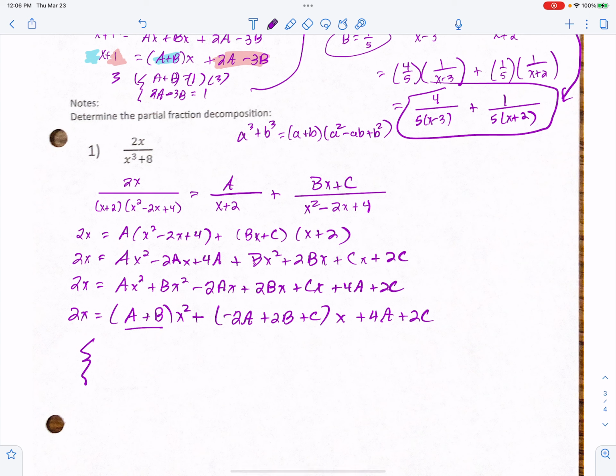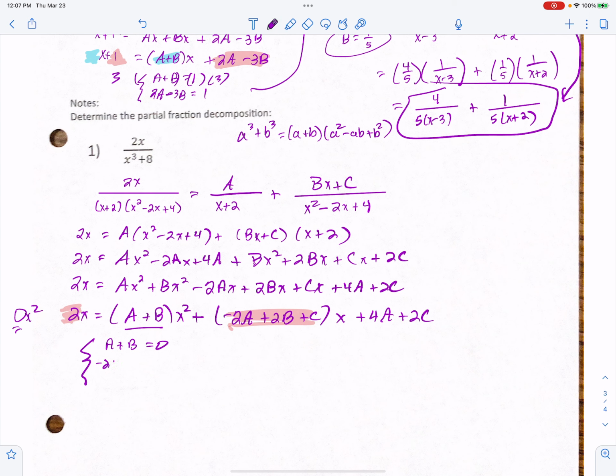For the a plus b, on the left-hand side, there is no x squared term. So the coefficient of x squared is 0, so a plus b is 0. However, when it comes time for the coefficient of x, we know that is equal to 2.